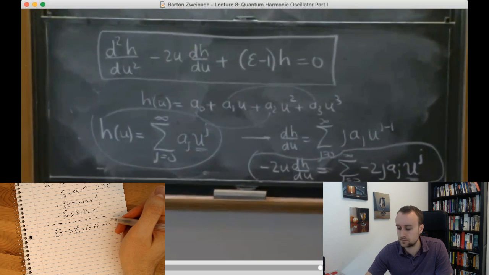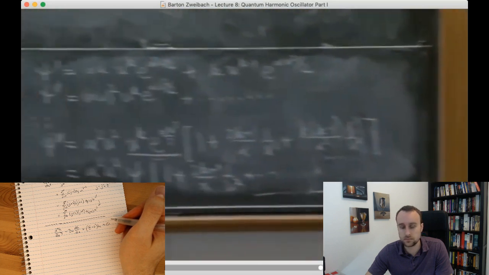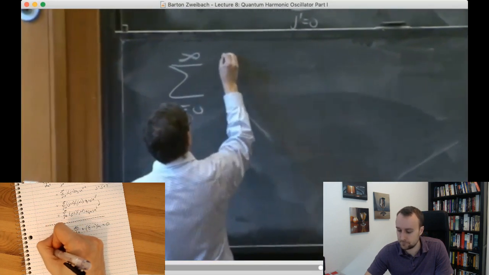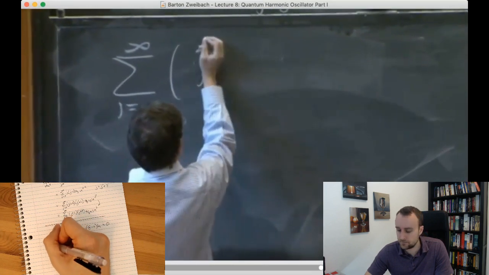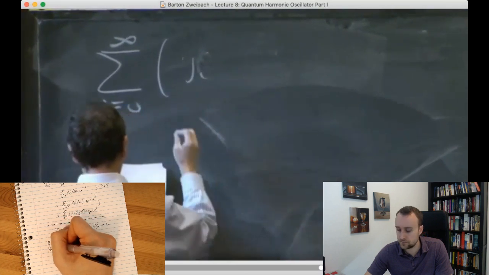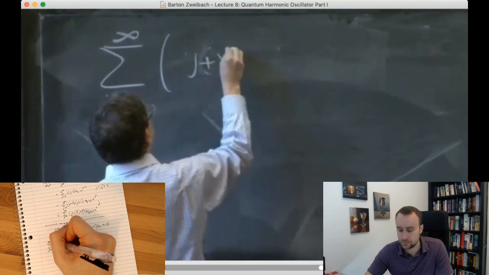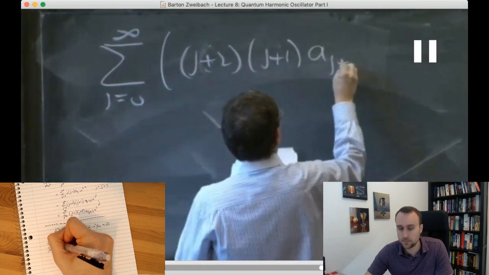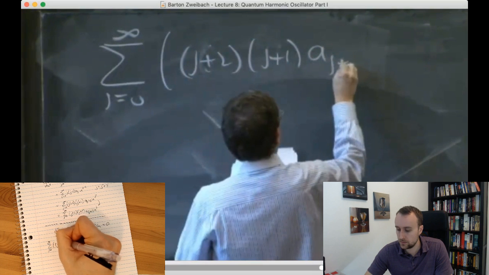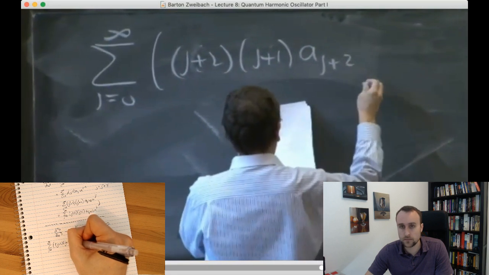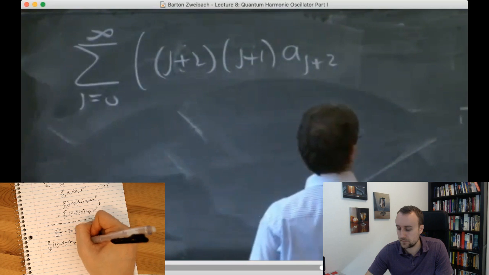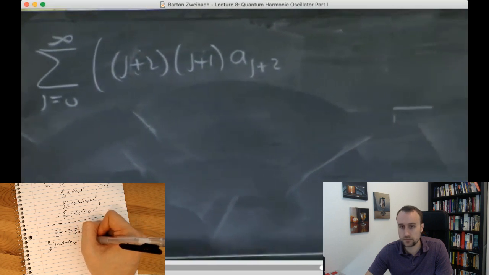We'll get sum from j equals 0 to infinity. Let's see, the second derivative is here: j plus 2 times j plus 1, a_(j plus 2), u^j.